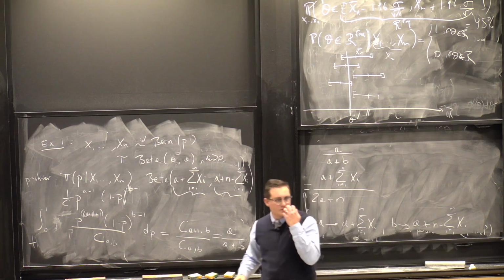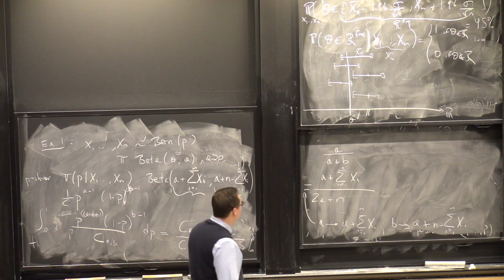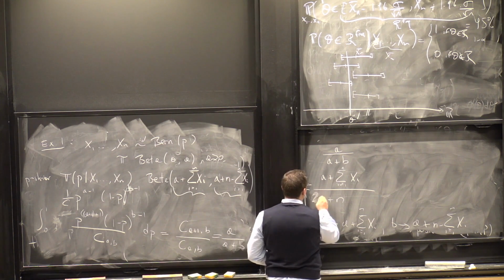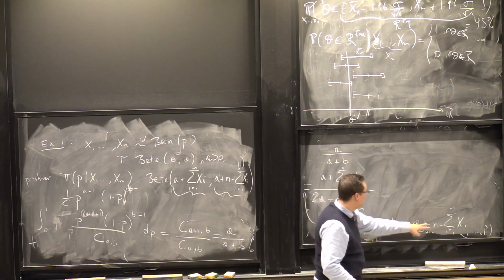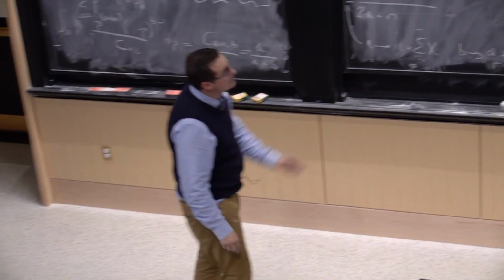So that's just for the posterior one. What's the denominator of that term? This guy? It's 2A, right? So I get A plus n, and then those two guys cancel. And that's what you have here.